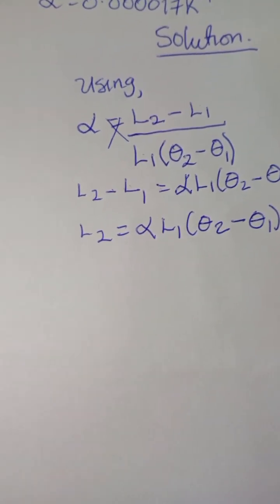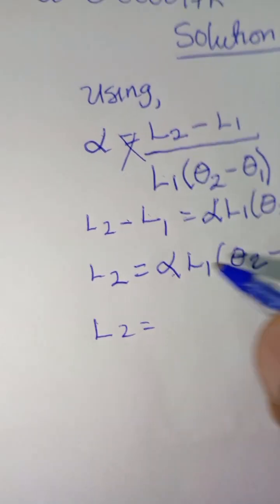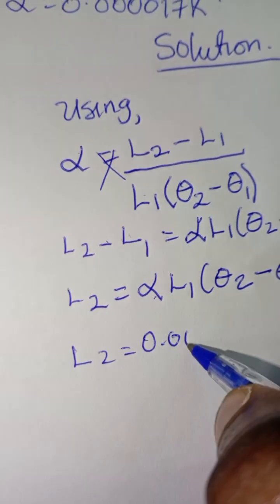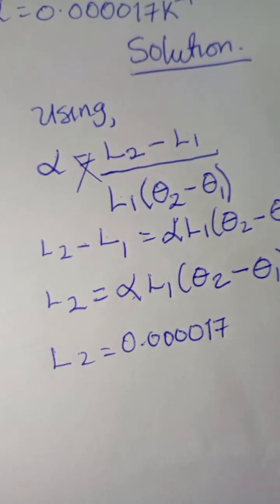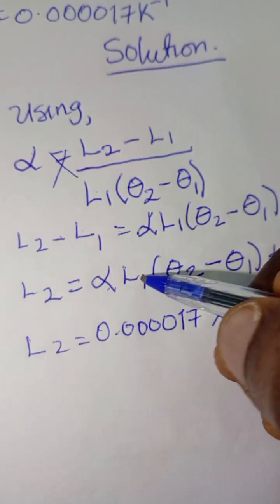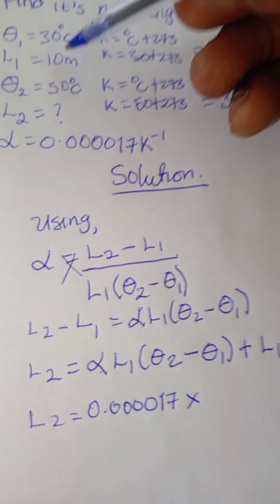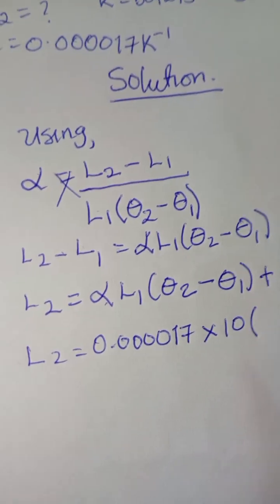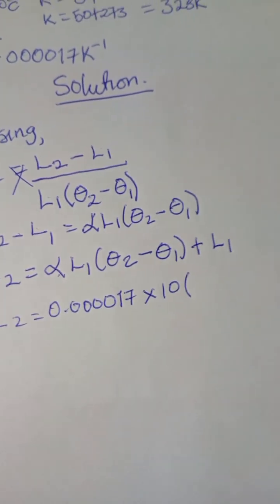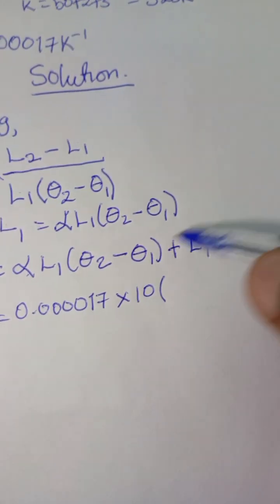Alright, so to get that, we are going to substitute our values now, where L2 will be equal to, what's the value of alpha? 0.000017, multiplying this L1. What's the value of L1? The value of L1 is given, which is 10. We're multiplying what we have in the bracket as well, so we have theta 2 minus theta 1.